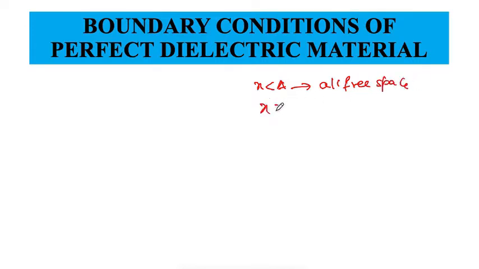For x greater than or equal to a onward, there is a certain dielectric material. Now clearly that can't be true, because there has to be some transitional layer between the air and the dielectric that we are considering, and we can't consider this transition layer to be zero in practice. I mean zero in theory.